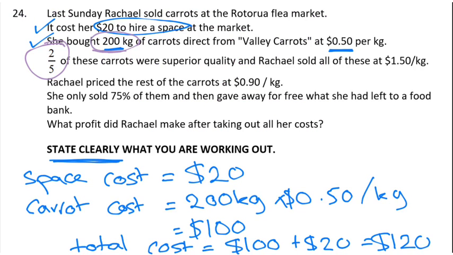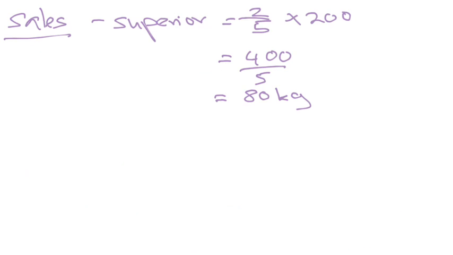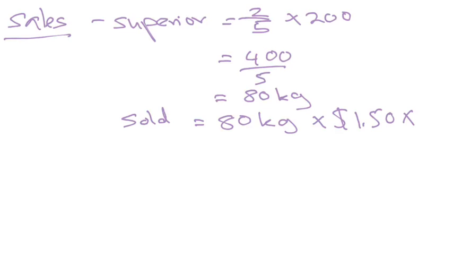And now we're told that the superior ones she sold at $1.50 per kilo. Okay, so we can say, right, she sold 80 kilos and she sold them for $1.50 per kg. So I want to do 80 times $1.50. So 5 times 0 is 0. 5 times 8 is 40.